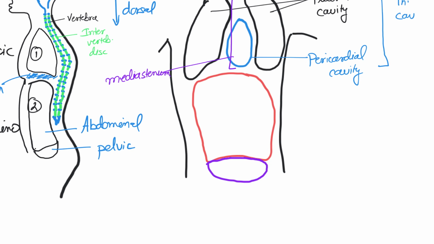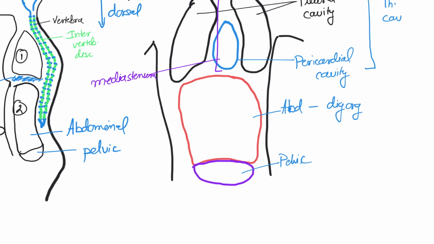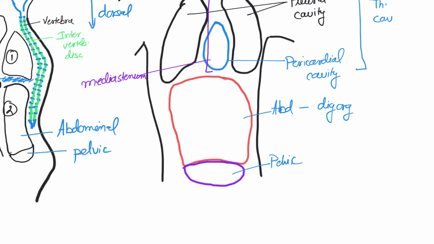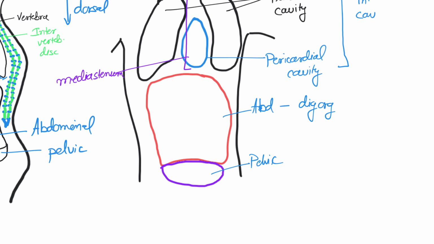And this is abdominal, like we just did before, and this is pelvic, right? This is going to house our pelvic organs. The abdominal cavity is going to have most of our digestive organs. That includes the liver, the large intestine, the small intestine, and also this will have the kidneys and the ureter, right, of the urinary system.